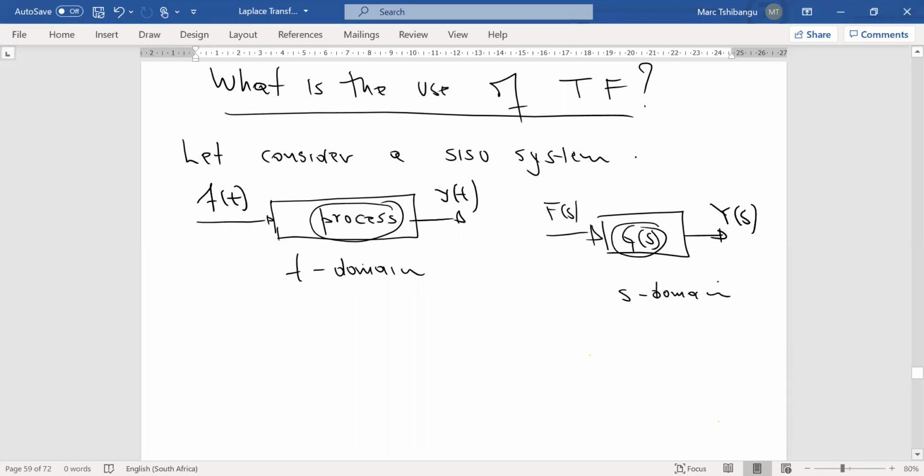We took the Laplace transform, and now we're able to write the expression in the Laplace domain. So if one knows the process model, they can easily derive its transfer function.